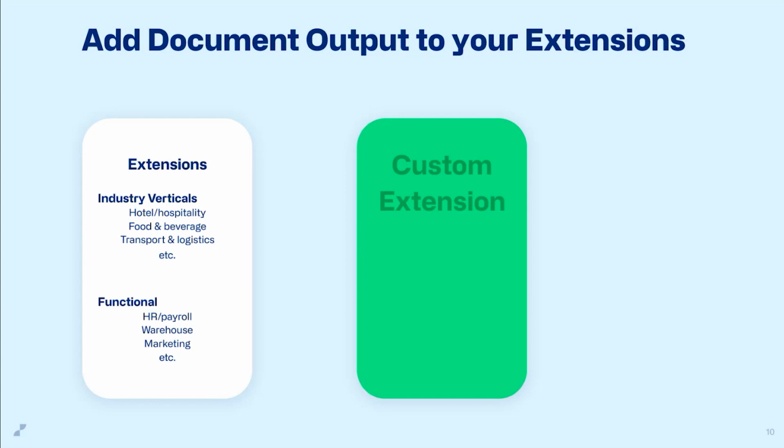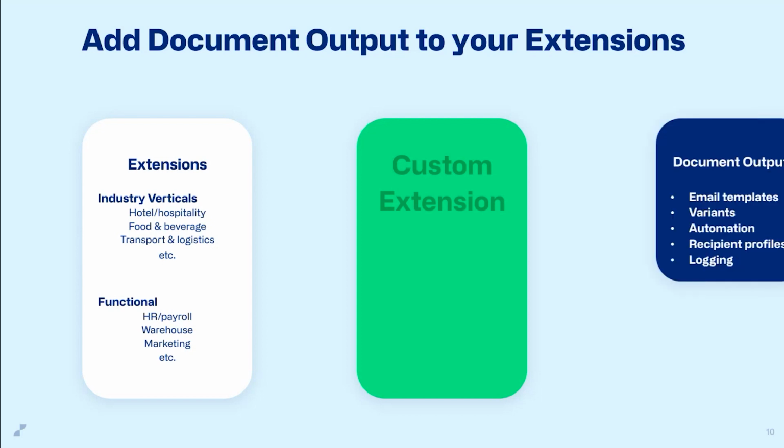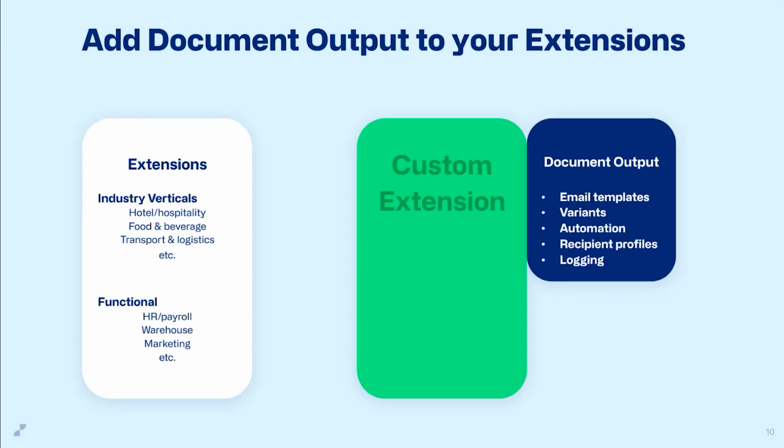But instead of juggling with either building your own functionality or trying to find ways to get standard to work in the right direction, it is now possible to stitch Document Output onto your custom extension and then have access to all the functionality there, which is the email templates and handling of variants, automation, setting up recipient profiles, and of course the logging functionality, which is also important.